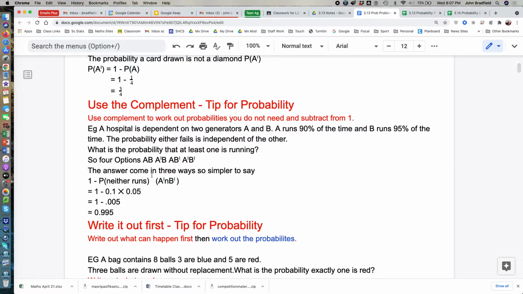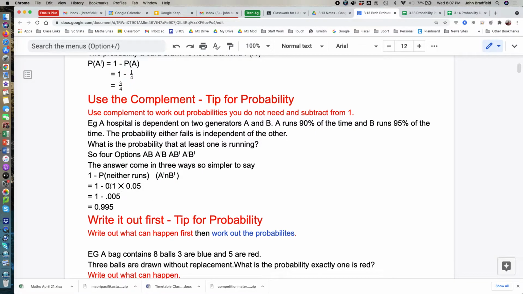The way we work that out, whenever you see the word and, we usually use times. So 0.1 is the probability that A is not running. 0.05 is the probability that B is not running. The chance of that and that, we times, and we get that. So 1 minus 0.005 is 0.995.